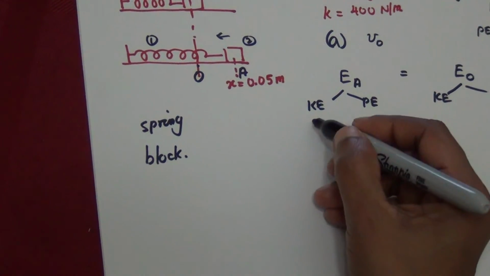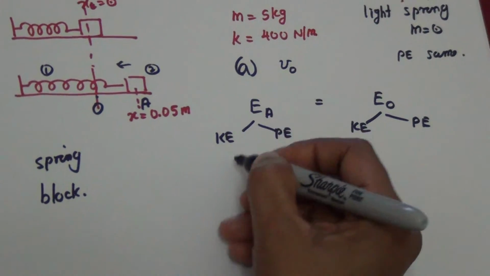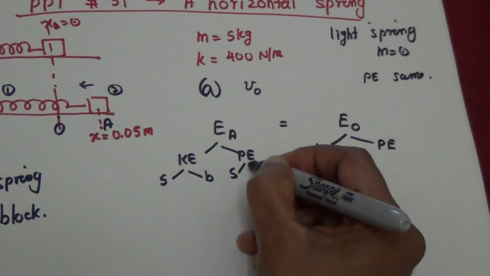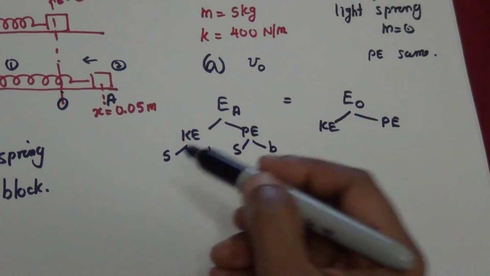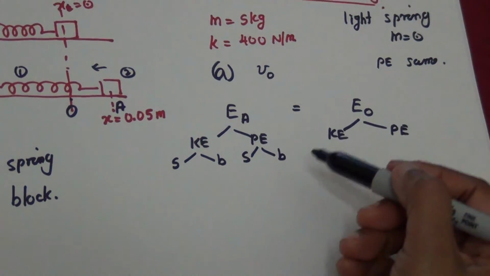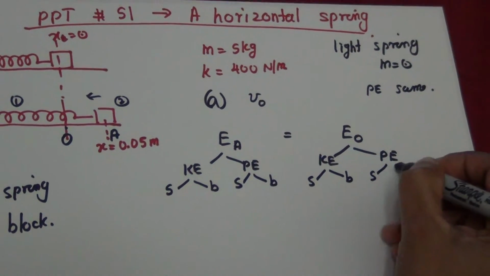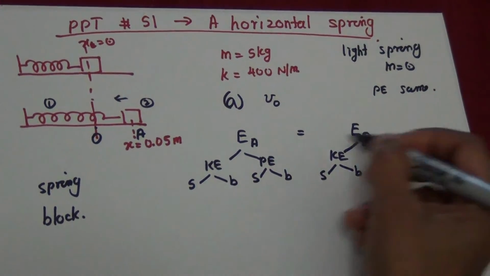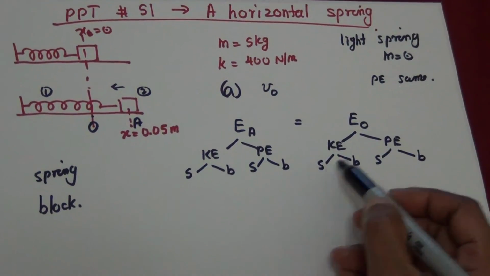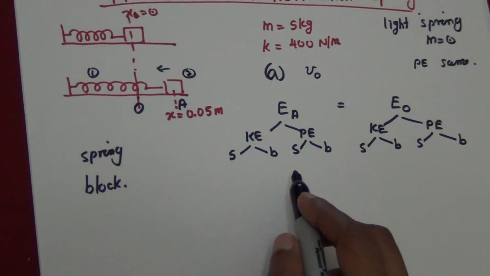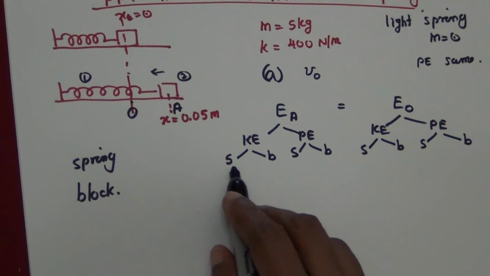I have two more branches here, so I'm going to write spring, block, spring, block, because for each of them you have a kinetic and a potential. If you write it this way, you will not miss any of them. But you will see most of them are going to be 0. Let's come to this.